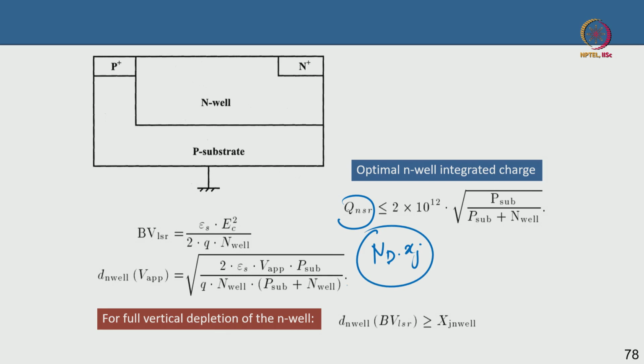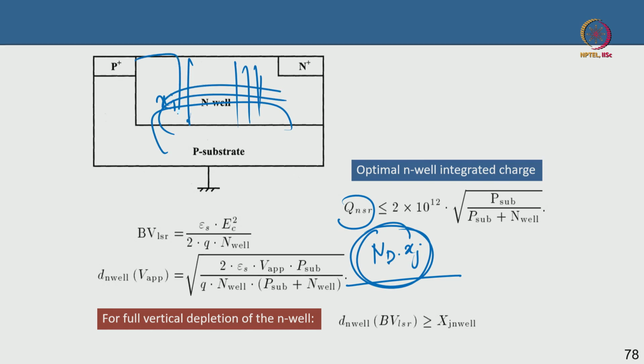If you have a lower dosage than this, that means you are not able to reach the complete depletion, your breakdown will happen early, correct. And if you have a much higher dose than that, maybe the junction depth xj is very thick, then this will not be able to deplete completely before the sidewise depletion reaches the maximum. So there is a sweet range over which you can actually get the RESURF action.